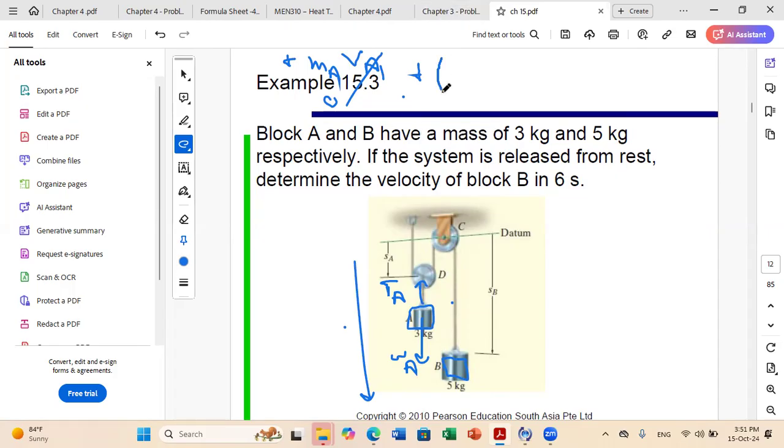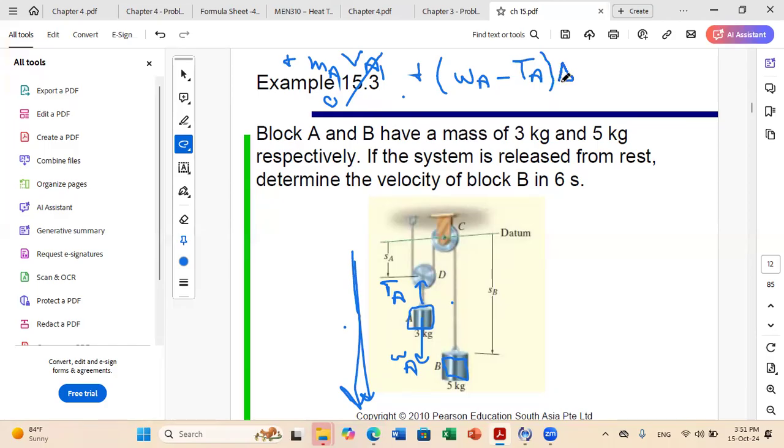You say I take WA minus TA, which is sum of forces in the positive direction, which is downward. WA minus TA times delta T. Delta T is 6 seconds, so you can replace delta T by 6.